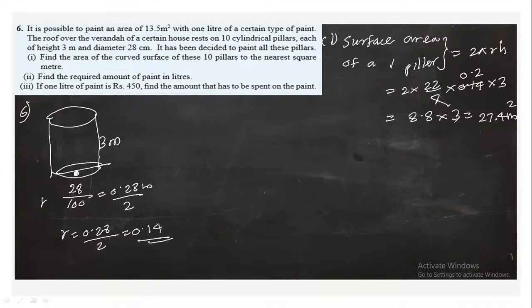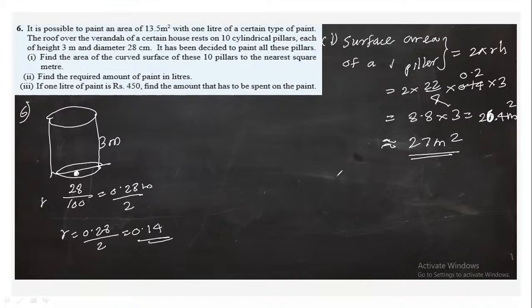Again multiply. They are asking for the nearest value. If I took this value, 26.4 square meter, the nearest would be 27. That means approximately we can take it as 27 square meter.